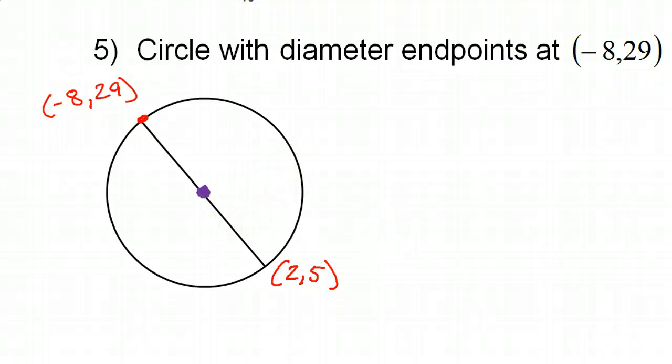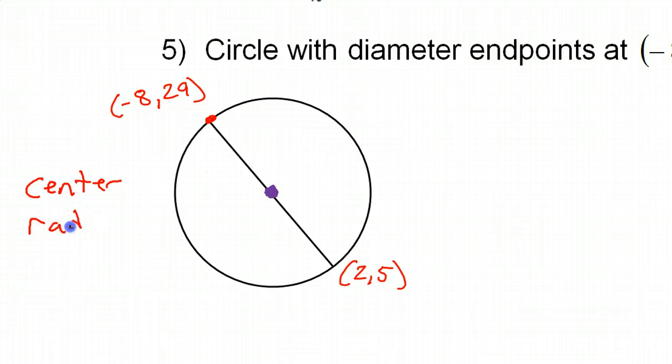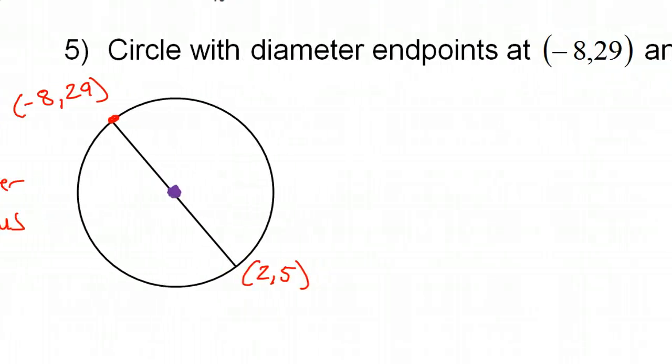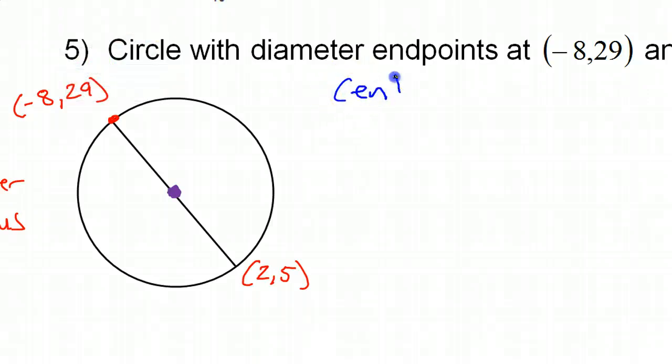Now, if you want to find the equation of a circle, you need two things. You need the center, and you need the radius. If you have those two things, you can write the equation. So let's start by finding the center. The center is just going to be the midpoint of these 2 points.